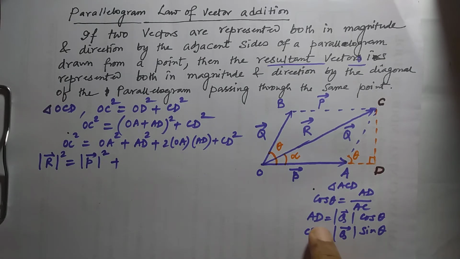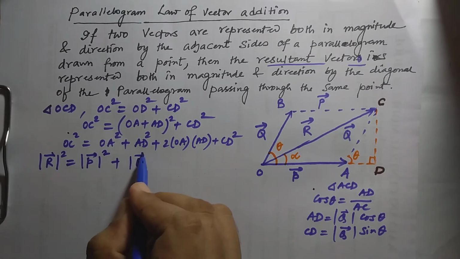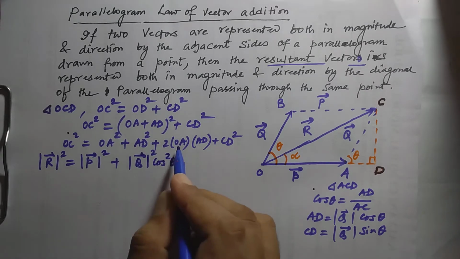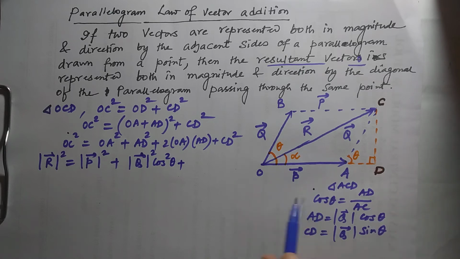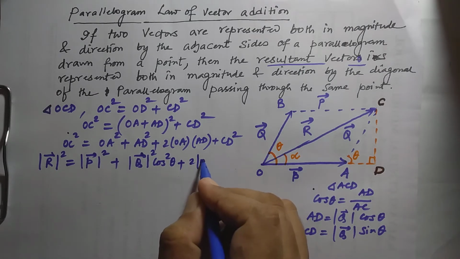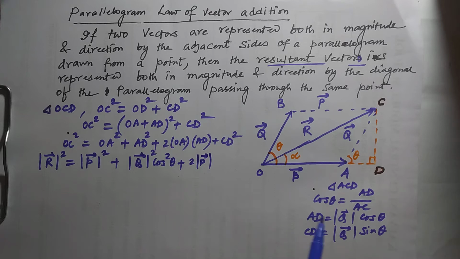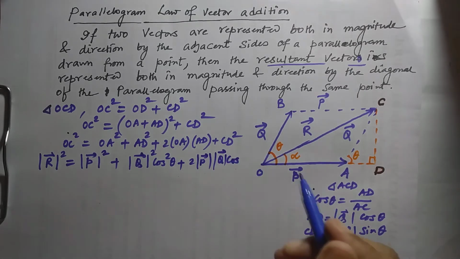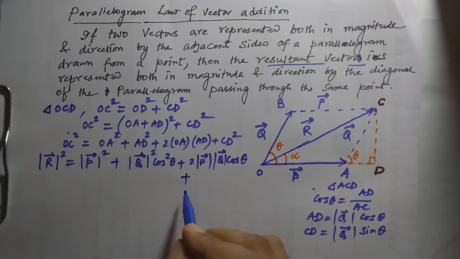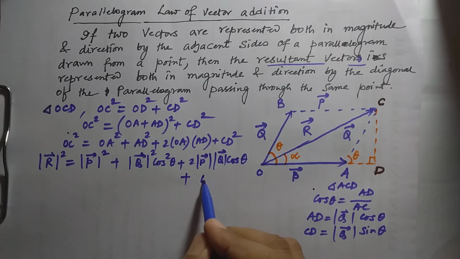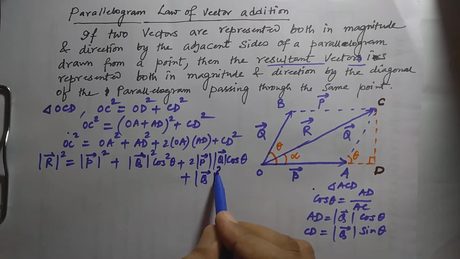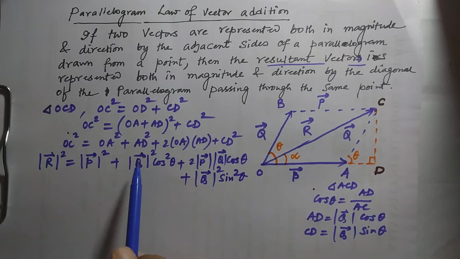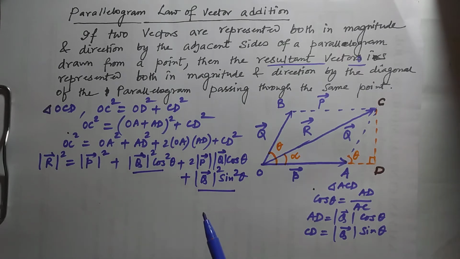R vector square is equal to OA plus AD whole square plus CD square. OA is P vector, AD is Q vector cos theta, plus CD is Q vector sin theta whole square. Now from these two things we'll take Q vector common.